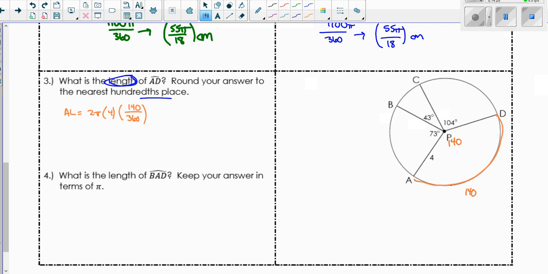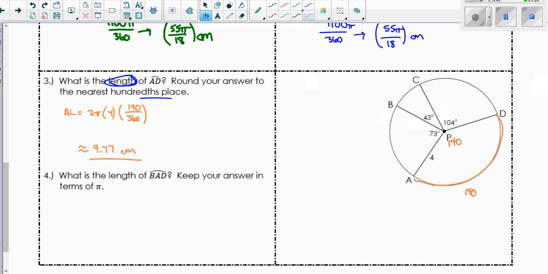So 2 pi times 4 times 140 out of 360. Make sure you guys are doing this too to make sure you get the exact same answer and you're not putting something in your calculator wrong. So I'm going to say about, since I'm rounding, 9.77, I have no units, so we'll just say centimeters. And then that's my arc length.